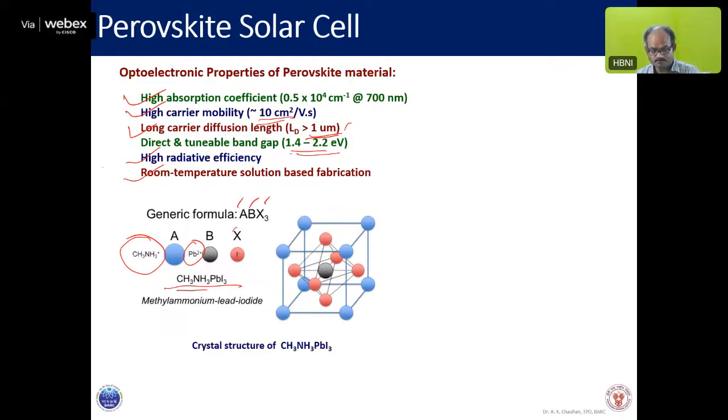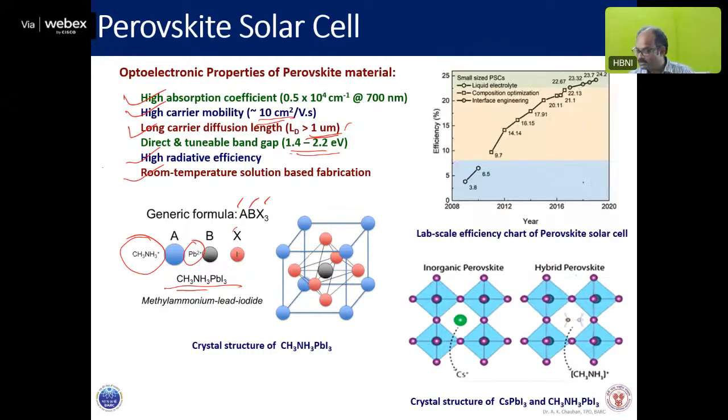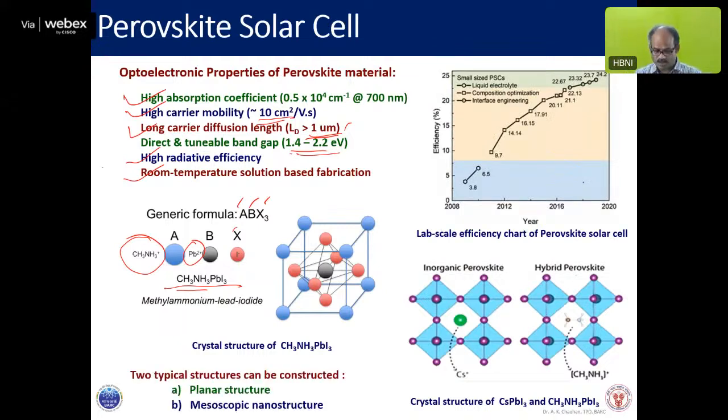This is a typical structure of perovskite. Because we are running out of time, I will go quickly. It is slightly different from DSSC, but for understanding, imagine that in place of the dye in solid-state DSSC, we have placed the perovskite.